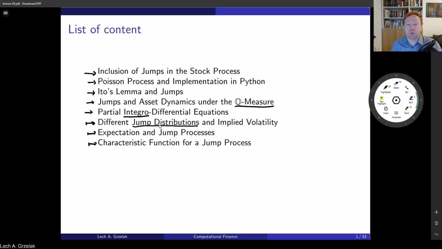Once we have a model with multiple parameters, we need to calibrate it. For that reason, we will use the characteristic function, which will be inverted using the Fourier transformation that we will learn in the next lecture.